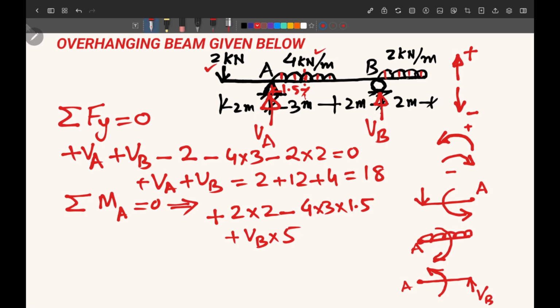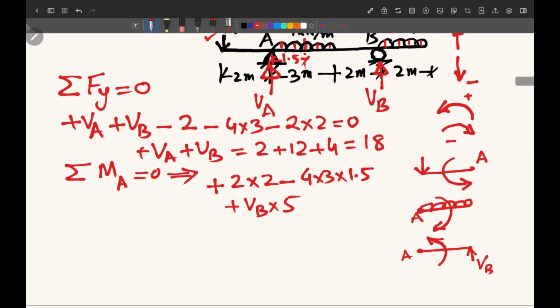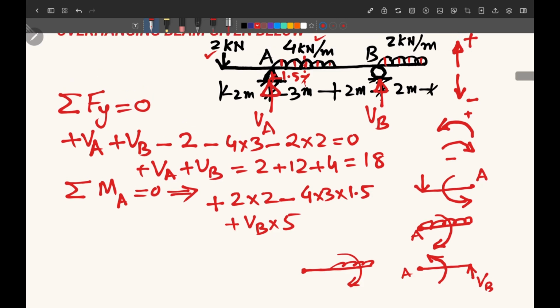Now we have this UDL, which is 2 kilonewton per meter, and if we look at this UDL, this will also try to rotate the beam like this. This is point A, and then there is UDL. In the case of UDL, the rotation will be clockwise, so we'll put it with minus sign.